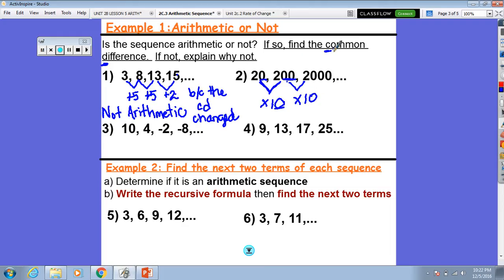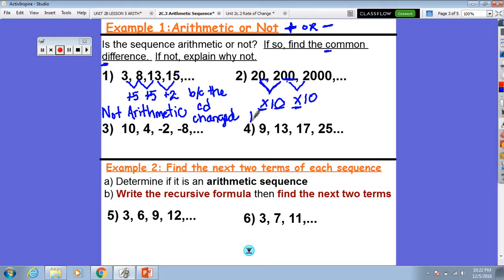So would this be considered a common difference? The numbers are the same. Correct. No, this is not a common difference because of the simple fact that we're multiplying. And when you do an arithmetic sequence, you have to be either adding or subtracting. Anything else is not arithmetic.